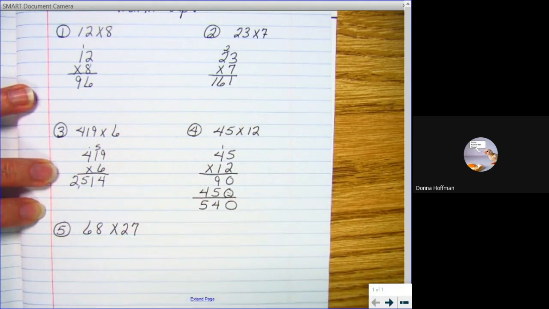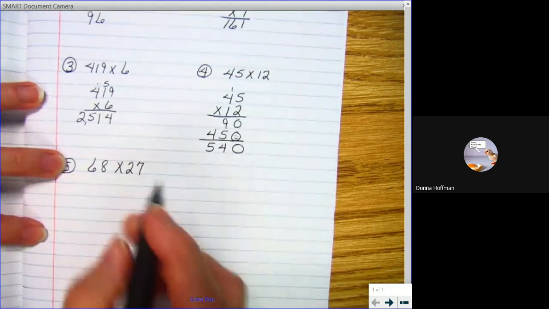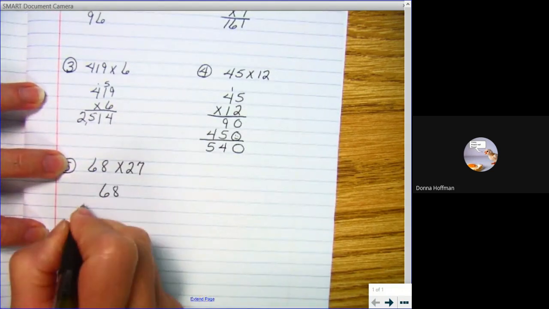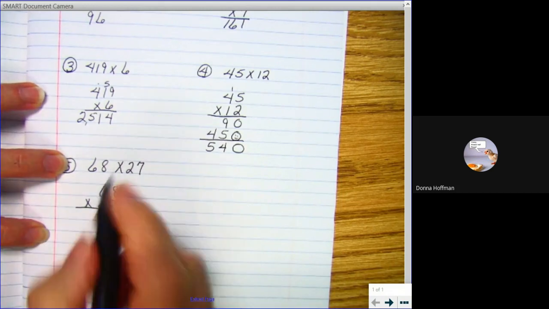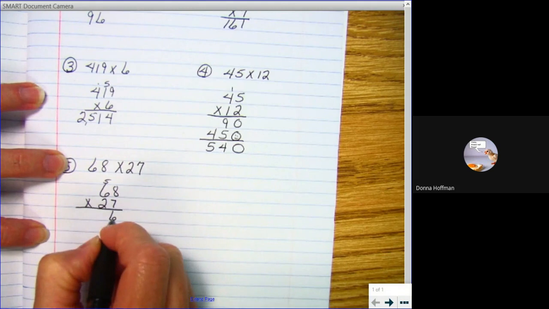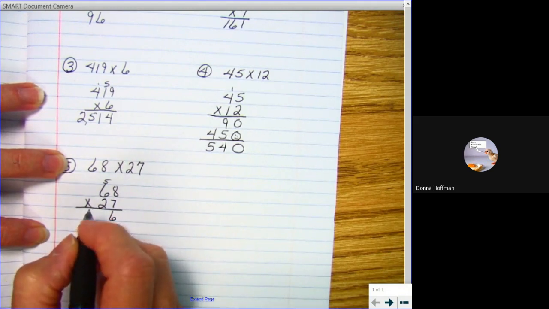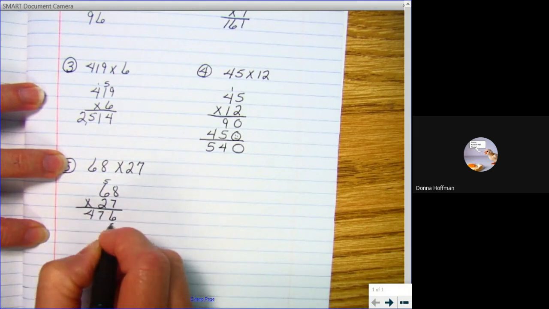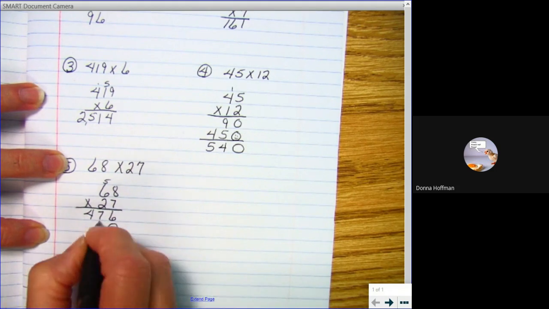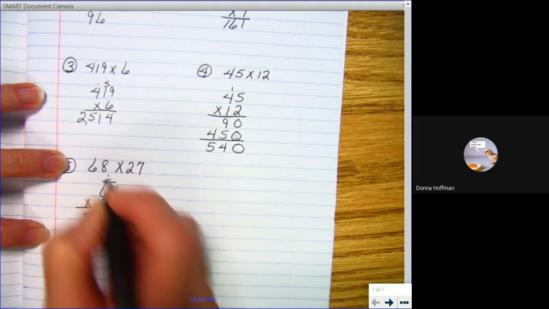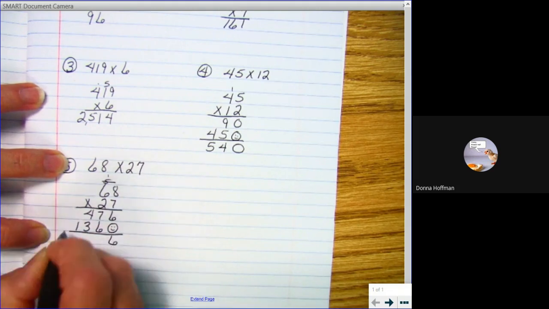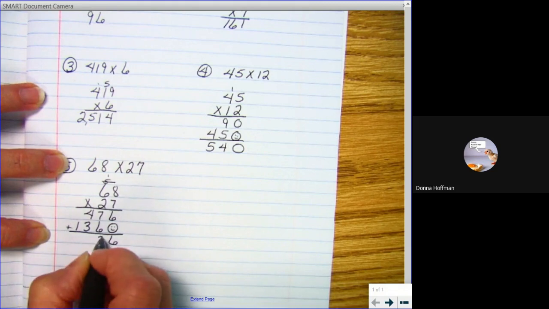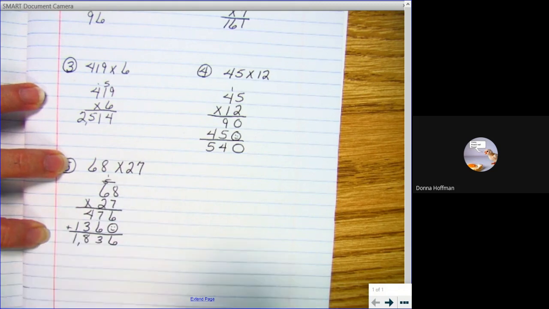Number 4 should be 540. And number 5 should be 1,836.